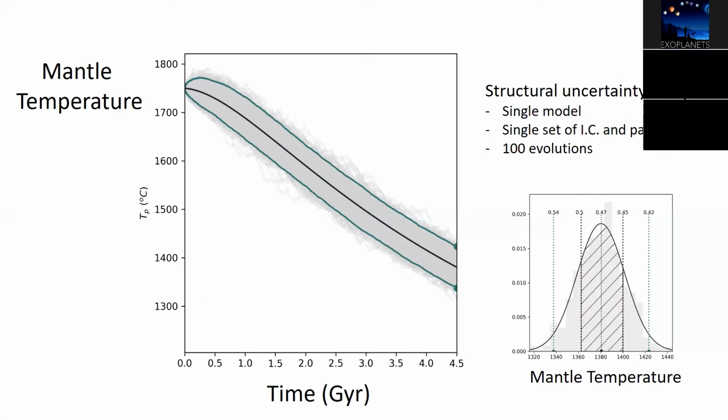This helps us to evaluate these models against data. For instance, on the right, we see the present day distribution of temperatures for this particular model, one choice of beta, unique combination of initial conditions and parameter values. And we can see that for the given temperature constraints, you can have about 50% chance of success of matching those constraints.